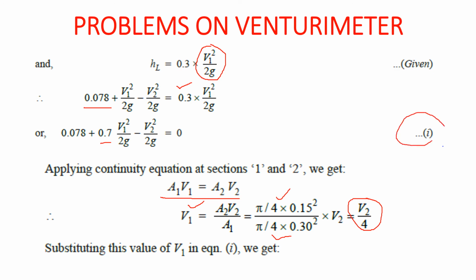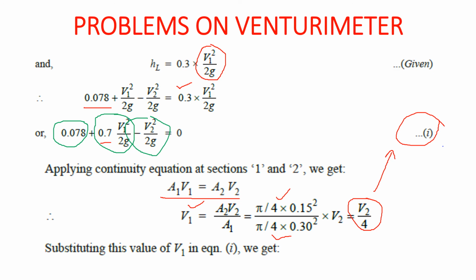So now in this equation number 1, we have to input this particular value of V1, which is V2 by 4. What is the first equation? Let me remind you: 0.078 plus 0.7 V1 square by 2G minus V2 square by 2G is equal to 0.